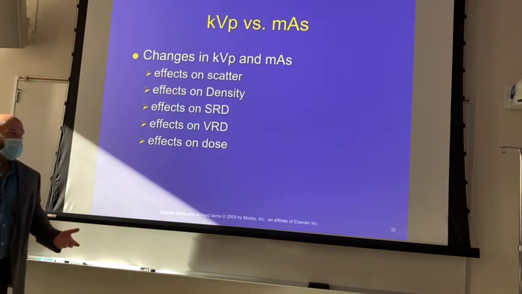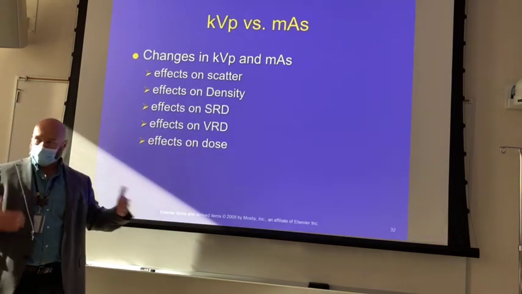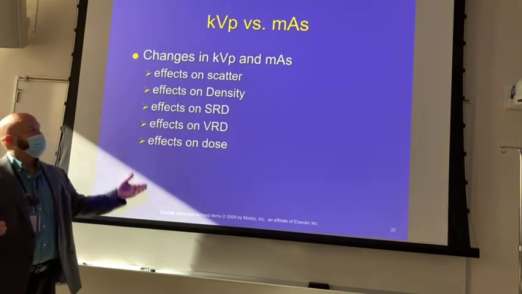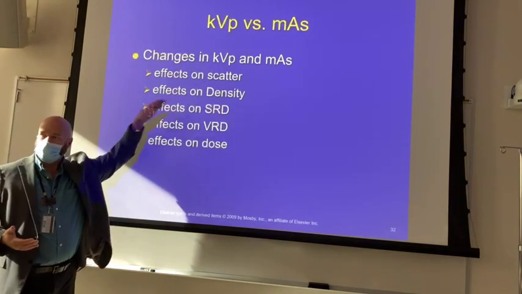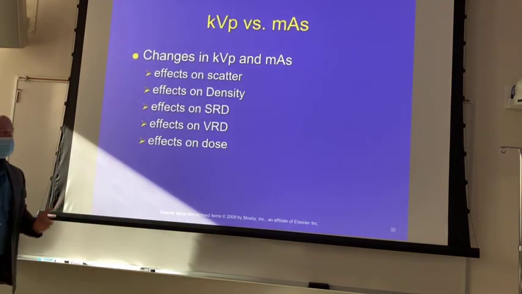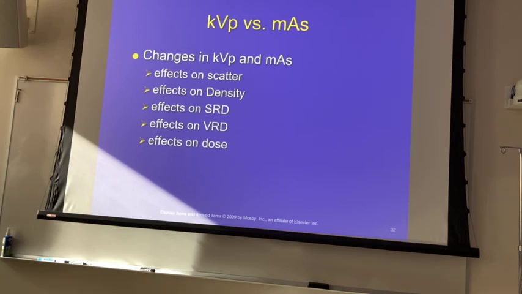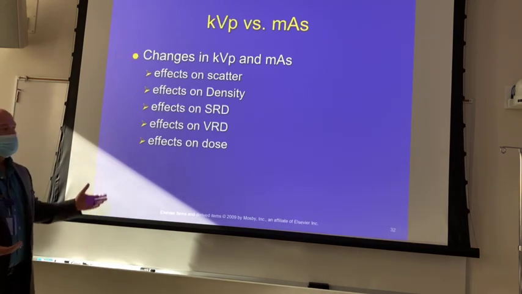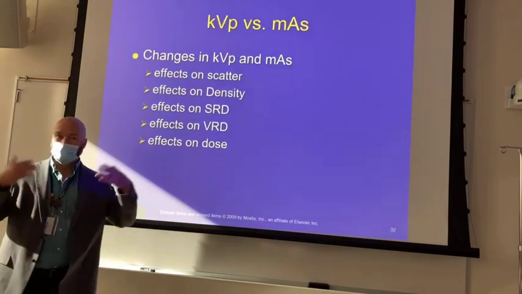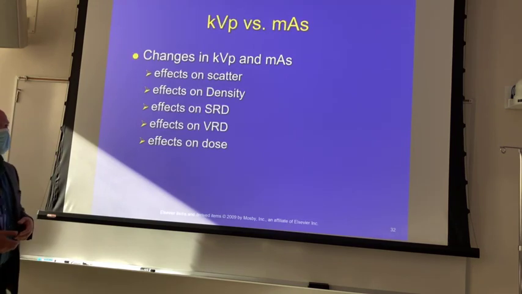And the effects on dose are both a direct relationship in the same way that image receptor exposure is. If you increase your kVp, and that's the only thing that you increase, dose goes up, but it goes up dramatically. If you increase your mass, then dose goes up, and it goes up directly, right?